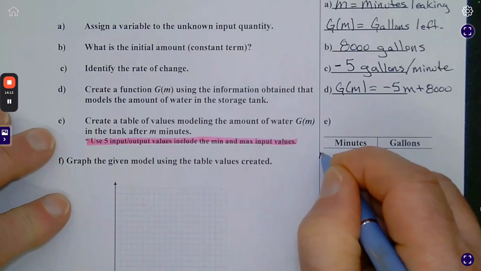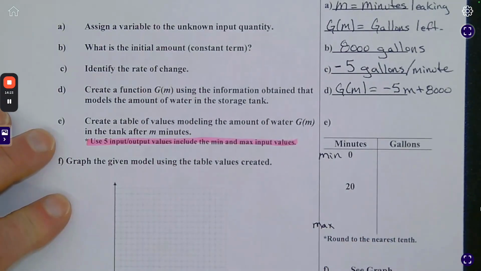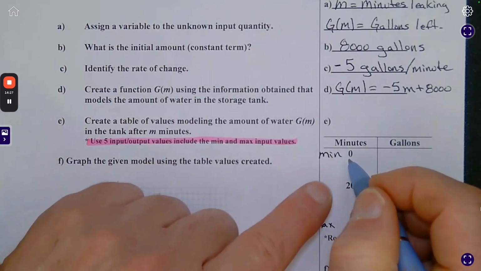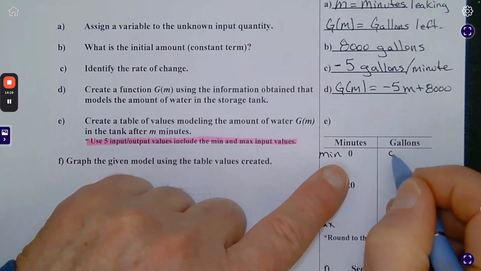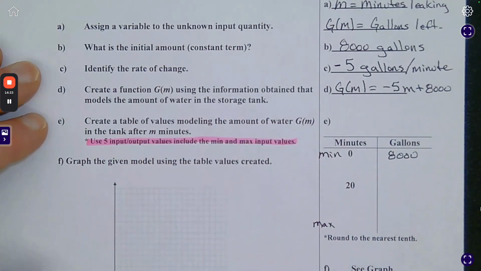Okay, so we're talking about time. So there's min. The max, well, we don't know the max time, but what do we know? We know if the tank has not been leaking at all, there's 8,000 gallons left, right?